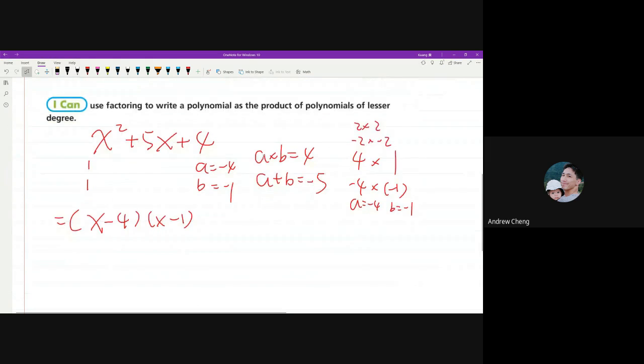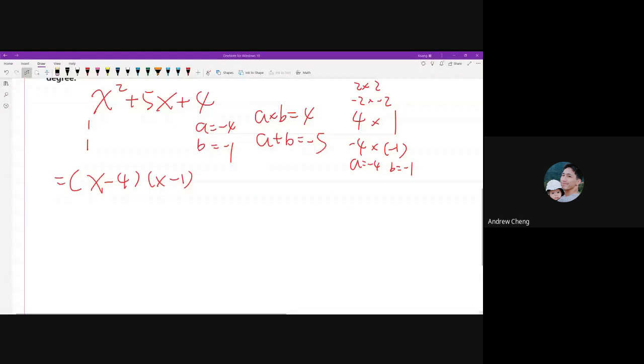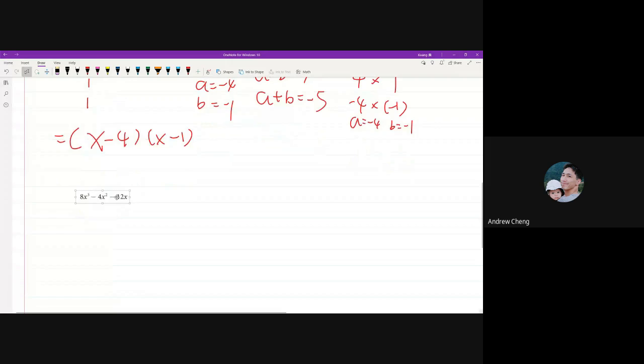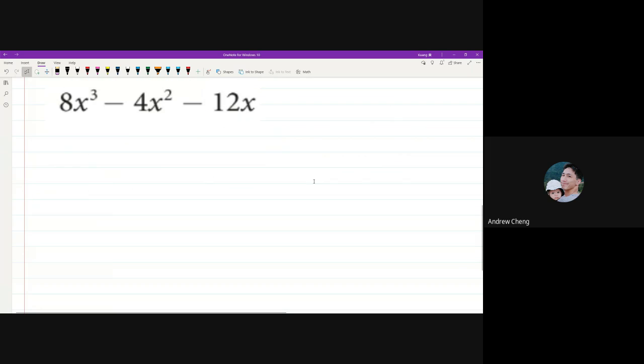All right, let's see another, more complicated example. Give me a second. Here we go. How about this? Okay, so I have to find 4 integers. I will write a, b, c, and d.